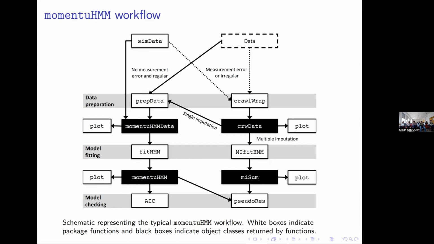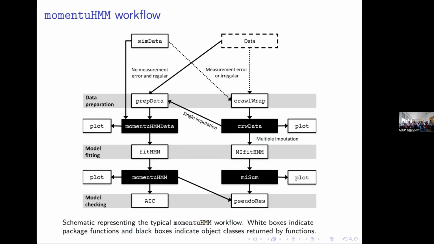You can think of it as integrating over all the possible paths that the animal could have followed if you had been able to observe it. But what it does is produce it in a regular discrete path that you can then fit repeatedly using just the fitHMM function.